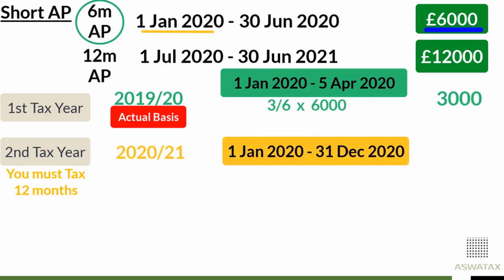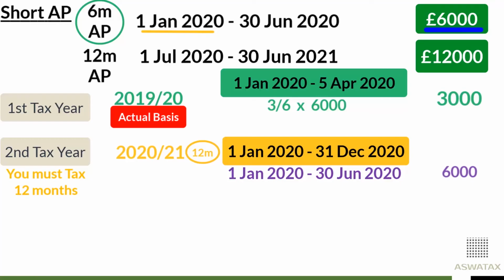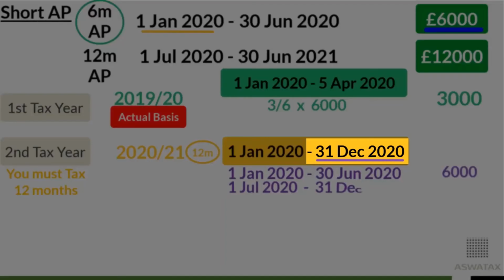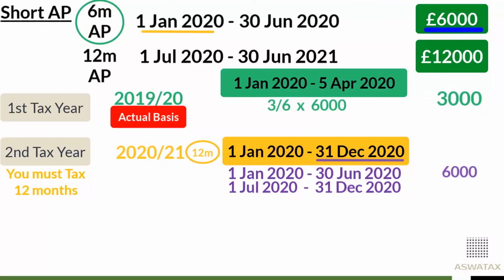So what do we do? We have to effectively take 1st of Jan 2020 to 31st December 2020, that's 12 months. And that would be a mix and match of the two accounting periods. So you have 1st Jan 2020 to 30th June 2020, which was our £6,000. And then we take 6 months from 1st July 2020 to 31st December 2020.